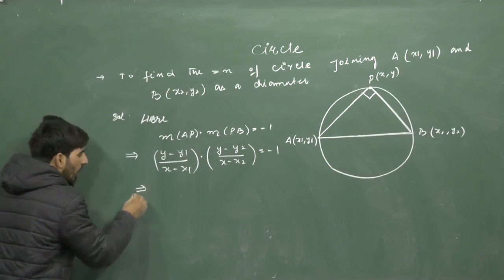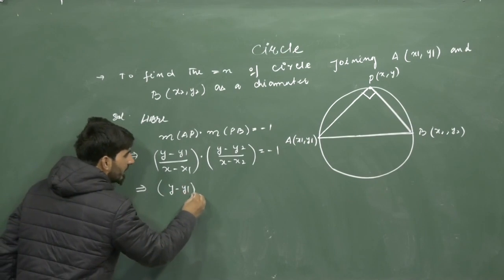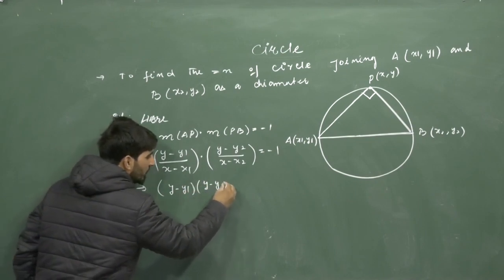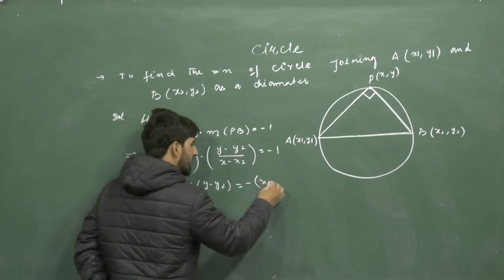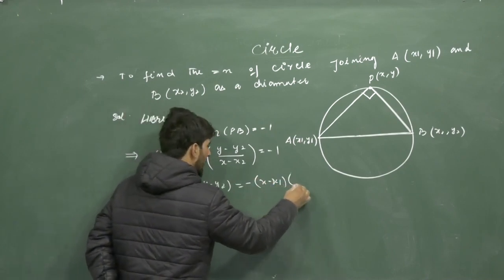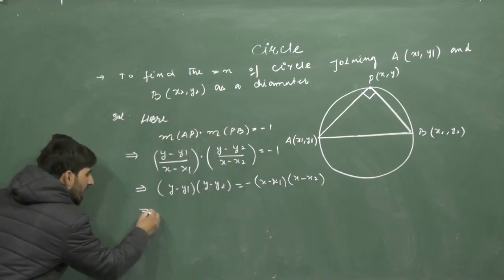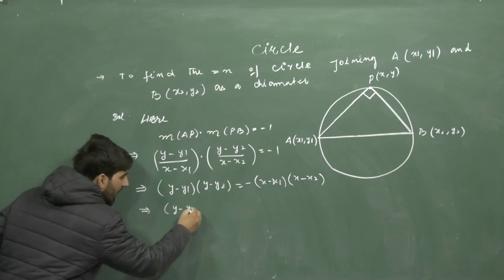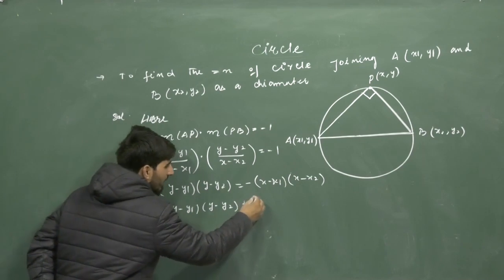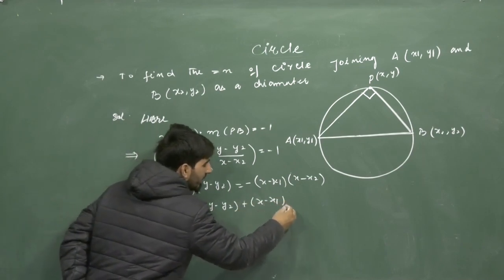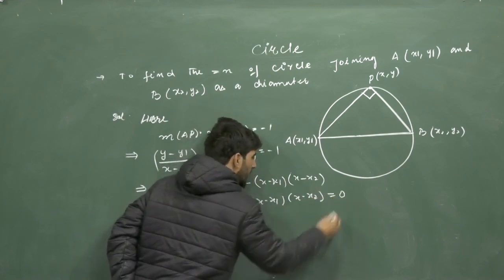So on expanding, we get (y - y1)(y - y2) = -(x - x1)(x - x2), which implies (y - y1)(y - y2) + (x - x1)(x - x2) = 0.